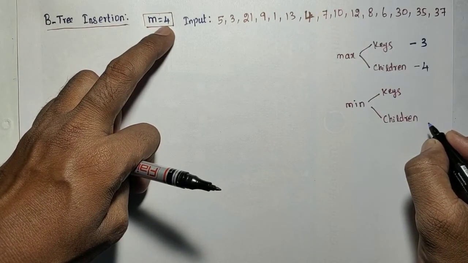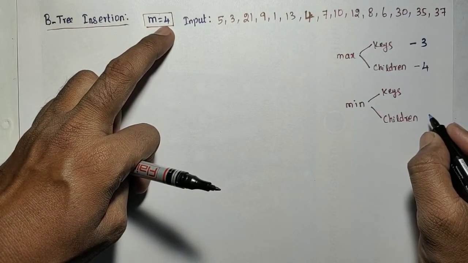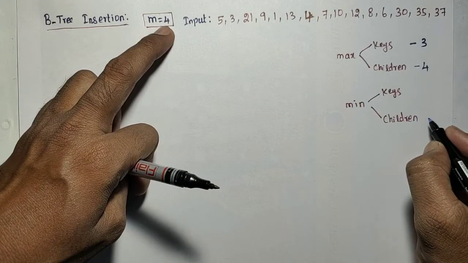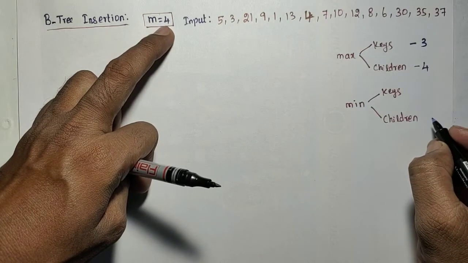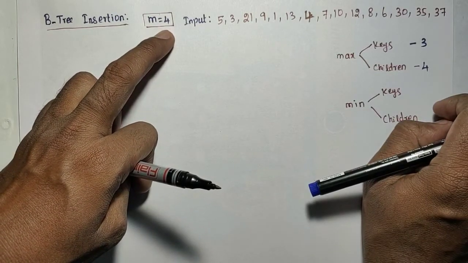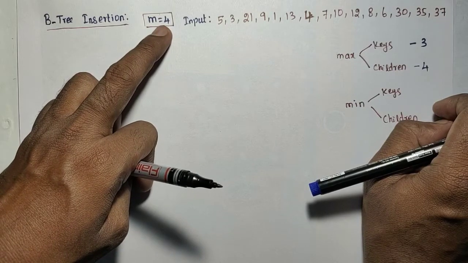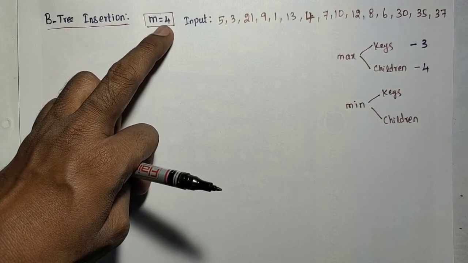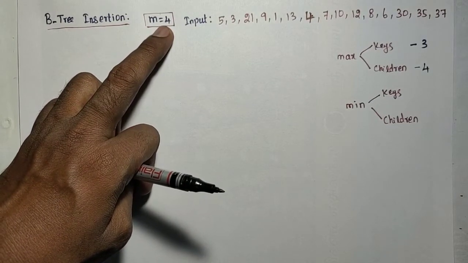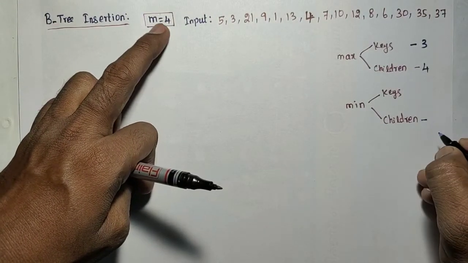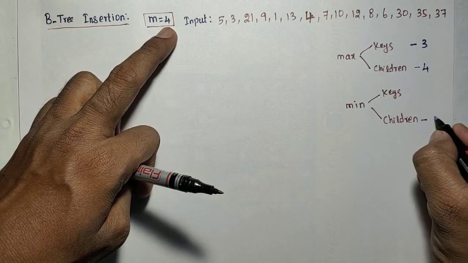Even if it is 5, the minimum number of children is the ceiling of 5 by 2, that is 2.5, the ceiling is 3, and 3 plus 1 is 4. Sorry, the minimum number of children for 4 is 4 by 2, that is 2.